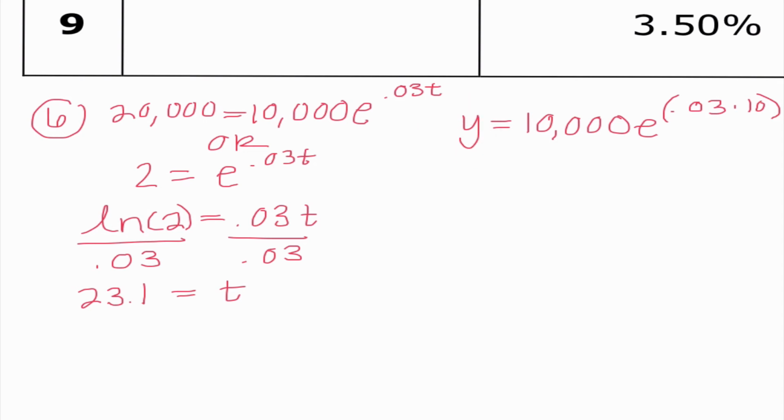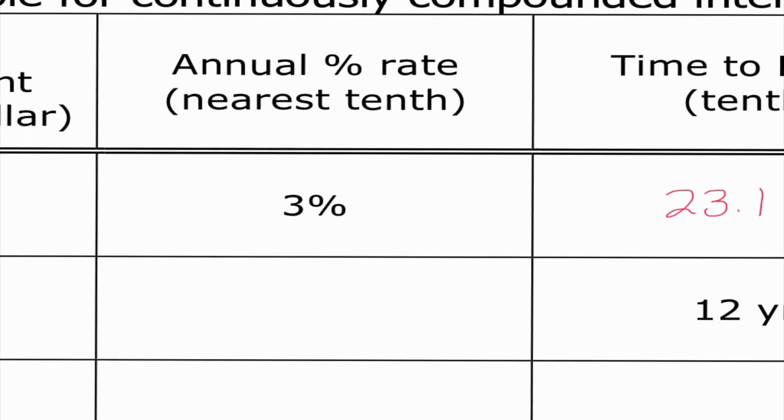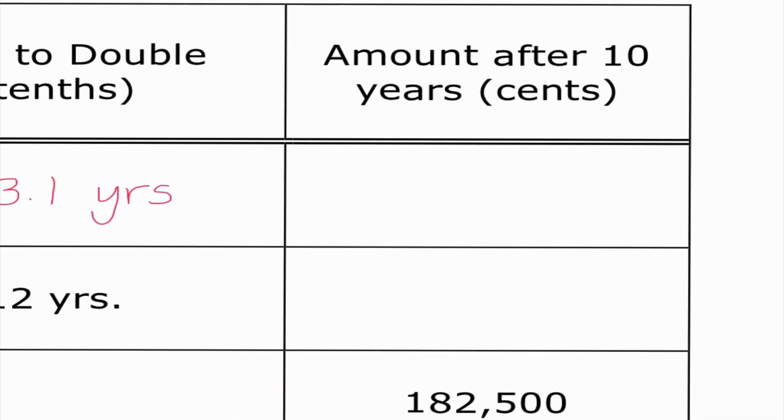The glorious thing about this is that y is already isolated, so I do not need to change forms. I can just input this into my calculator, and I get 13,498.59. So I'm going to put a dollar sign because we know that this is money.